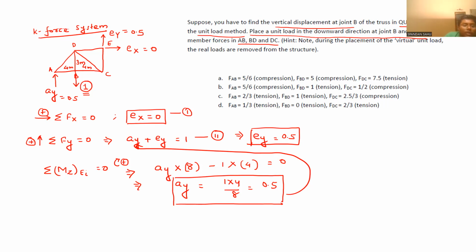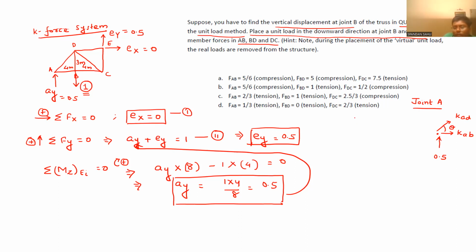Then again, we need to do the same thing. Let us take again this joint A, draw the free body diagram. Ay we know as 0.5. This is KAB and this will be KAD and this angle let it be theta.